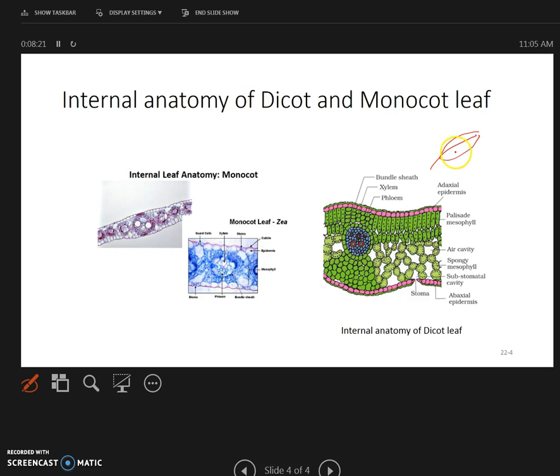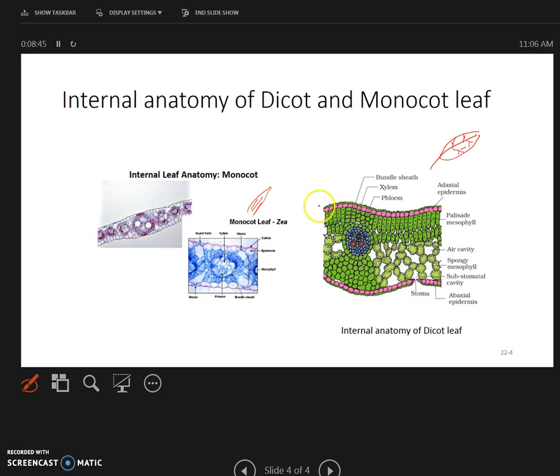In any dicot leaf, you will notice that the upper part is dark, the lower part is light in color. Whereas in monocot, the upper and the lower part have exactly the same coloration. Also the venation. Venation means the veins. They run parallel. Here, the veins are reticulate. Reticulate means in a network.